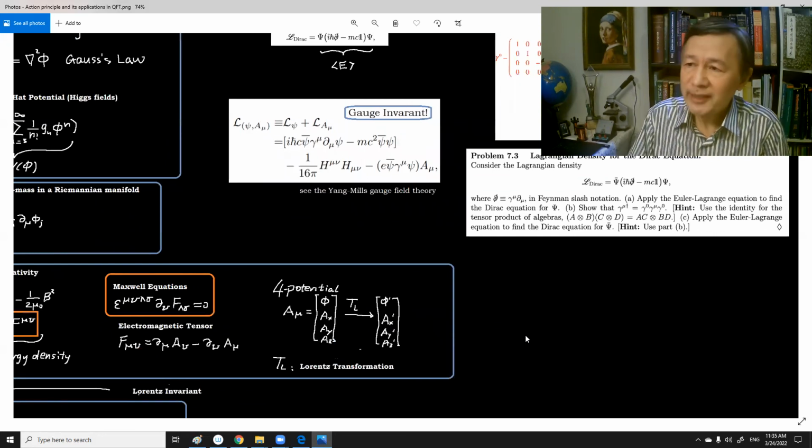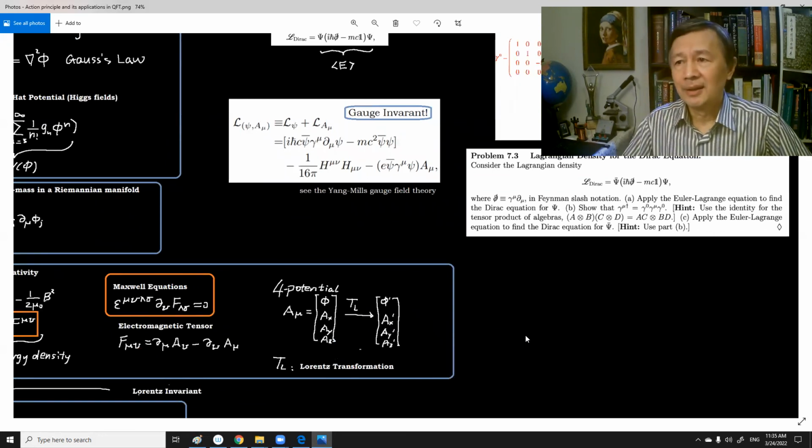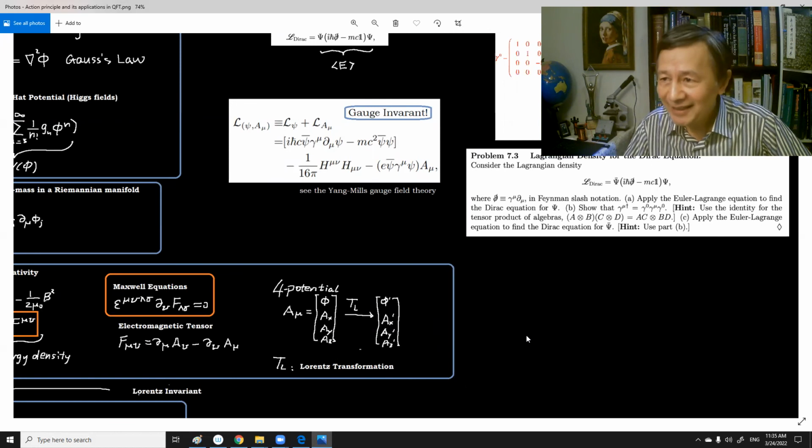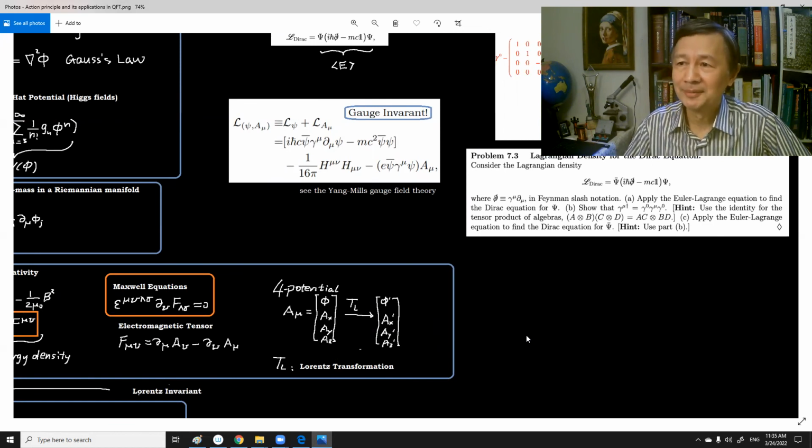Whether renormalization is guaranteed by introducing the Yang-Mills gauge field criteria.